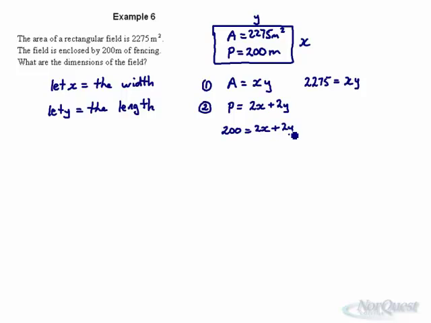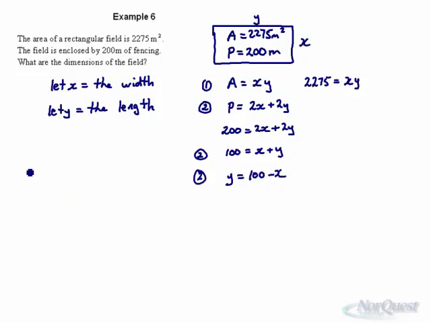Now I quickly see that this could be divided by 2 quite easily, so I can write this as 100 equals x plus y. So I'm going to take equation 2 and solve it for y. y will be equal to 100 minus x.